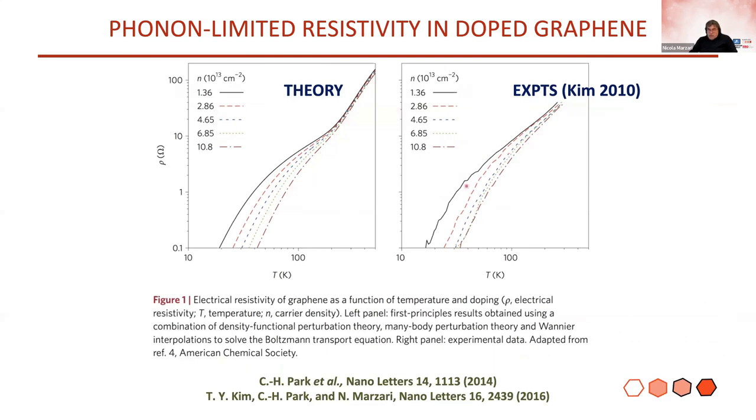So not only is there very good agreement, but you can actually understand what happens: why at low temperature different dopings give rise to different resistivity, why at high temperature it converges, why there is a change of slope. In this case, which are the electron-phonon scattering mechanisms that are driving this physics.